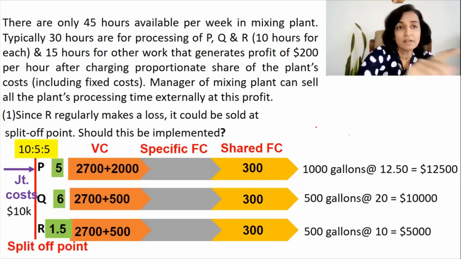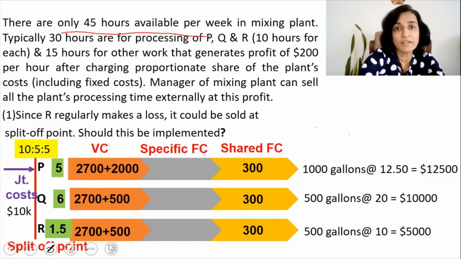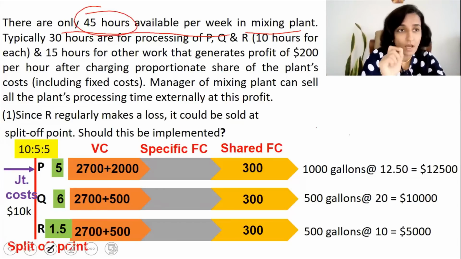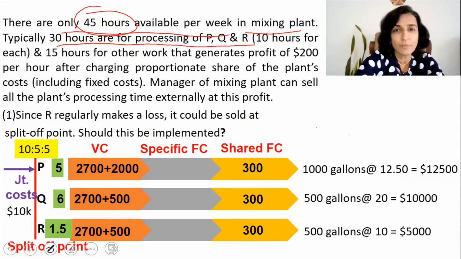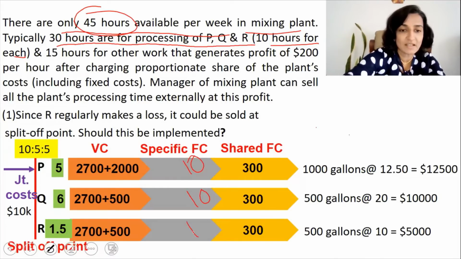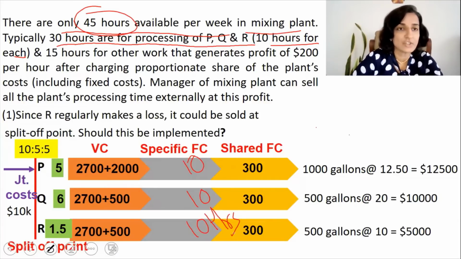Moving forward, there are only 45 hours available per week in the mixing plant. So in the mixing plant, totally 45 hours are available, out of which 30 hours are for processing of P, Q, and R, 10 hours for each, which means that for product P, it's 10 hours, for product Q, it's 10 hours, and for product R also, it is 10 hours each.